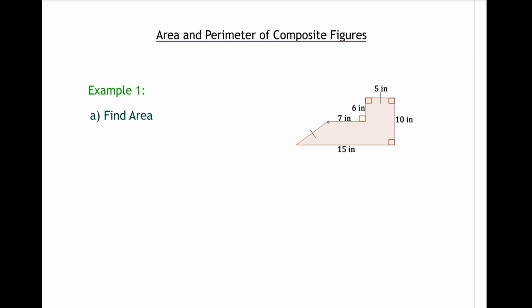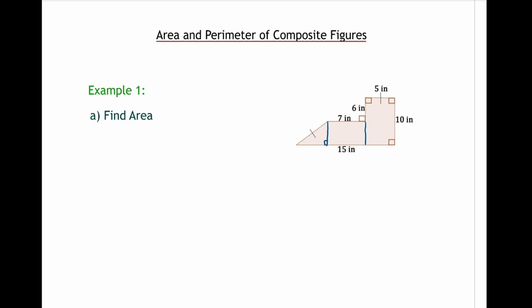We do see that we have a triangle here, so I'm going to draw a line straight down so that I form this triangle. And on the other side, you have two options. You can either form a long rectangle like that and a smaller one, or you can form one like this.